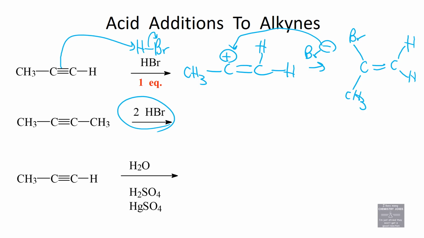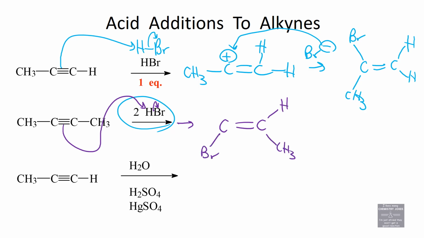What if I had two equivalents of HBr? The pi bond attacks and makes a carbocation. I'm not going to show the carbocation. The carbocation gets attacked by Br. I end up making almost the exact same product I have up above.